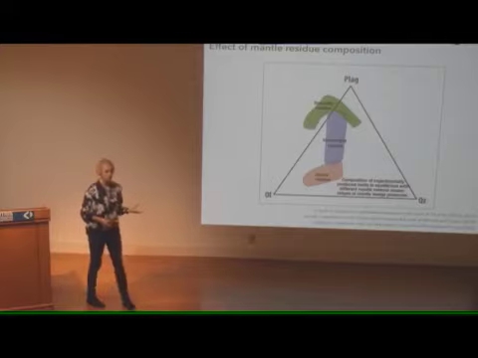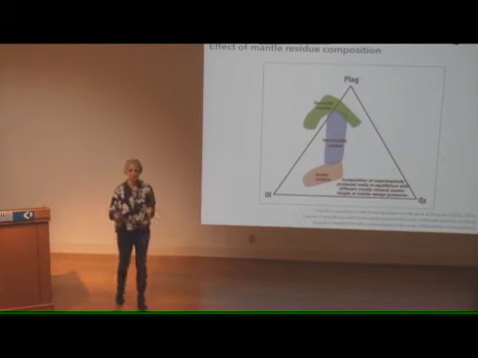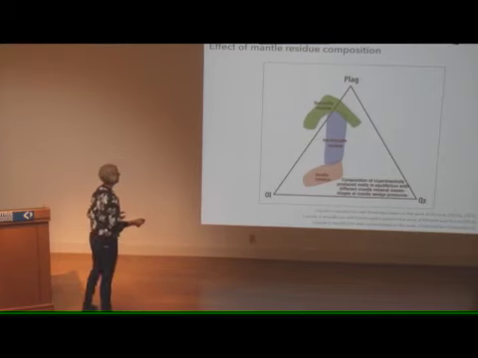If we change the residue, if instead of having a Lherzolite residue, say we're melting Harzburgite or Dunite as our peridotite, then we actually have compositional shifts in the melt that is produced that have been experimentally investigated. So I went back to this same ternary space just to show you that melts of a Lherzolite residue, or if you think about what makes up plagioclase, right? Sodium, potassium, aluminum, silicon.